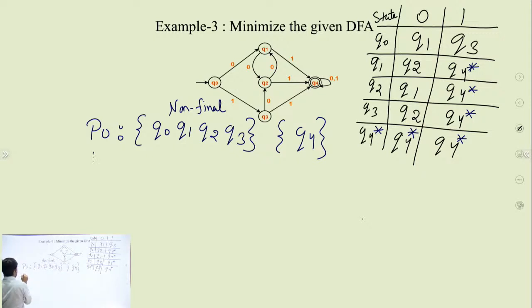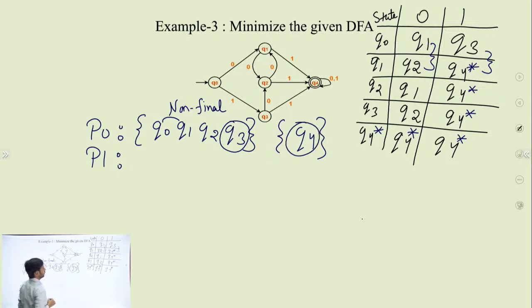Now find the one equivalence class. Now see Q node and Q1. Q1 and Q2 belong to the same set. Q3 and Q4: Q3 belongs to set 1 and Q4 belongs to set 2. So we must partition them. So Q node is separated from Q1.